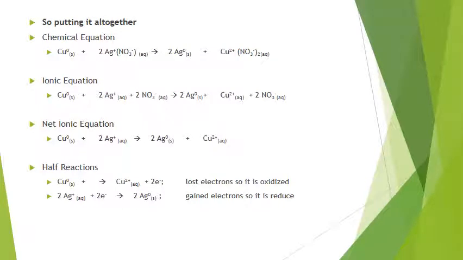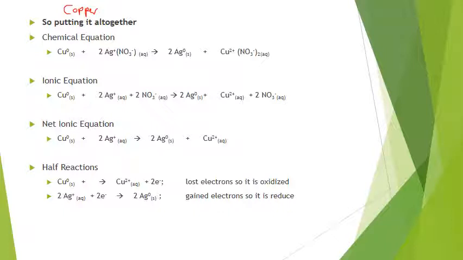So putting it all together, this is what you need to do. So let's say I give you the word equation. Now you have some solid copper, and I want to add it to silver nitrate. You would see if the reaction takes place, okay, and if it does, you would write out the word equation.